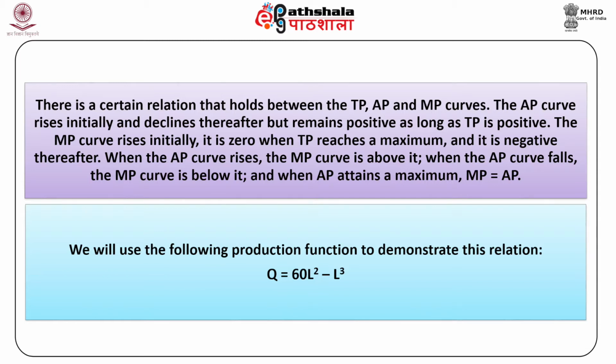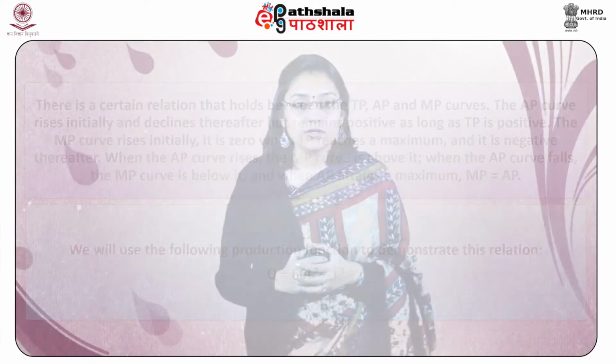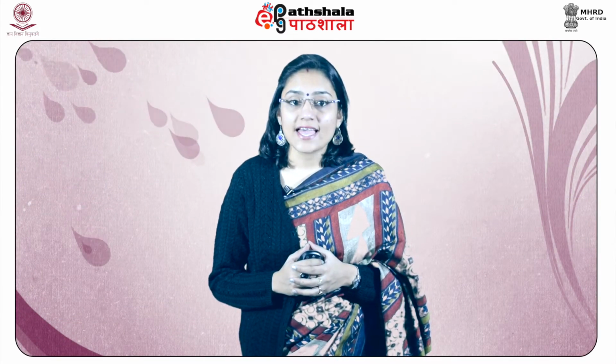We will use the following production function to demonstrate this relation: Q = 60L² - L³. This production function has a single variable input, which is L, which is used in combination with the fixed factor K to produce output Q. This was introduced in the previous module and it will now be used to explain graphically the relationship among TP, AP and MP curves.